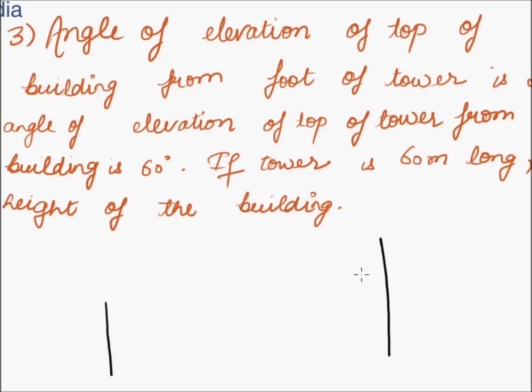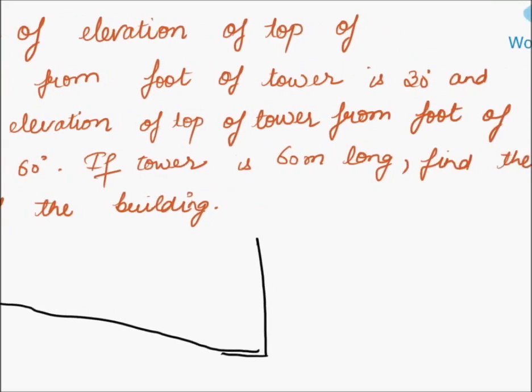Now, according to the given question, in general, friends, tower is more tall than a building, so we are using the longer length as tower, but there can be exceptions. So the angle of elevation is given from foot of the tower to the top of the building as 30 degree.